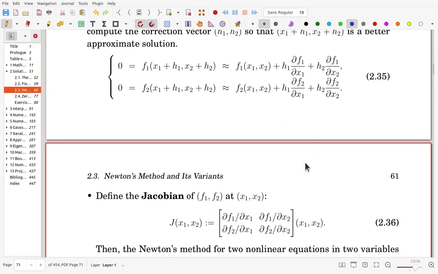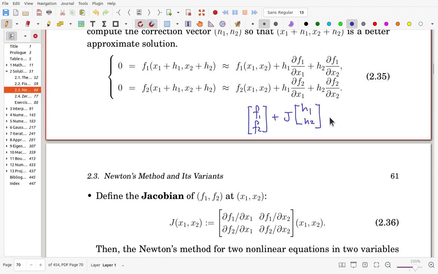Then this portion can be written with F1 and F2 in vector notation, the Jacobian, and then H1 and H2. So now we know that this is near 0, so H1, H2 can be obtained by moving this vector to the right side and taking the inverse of the Jacobian. We can get that, right?